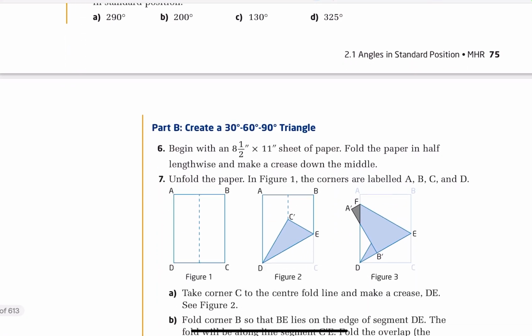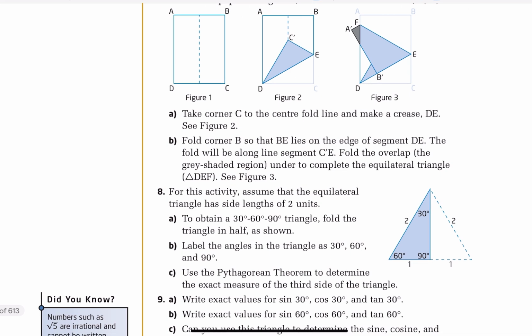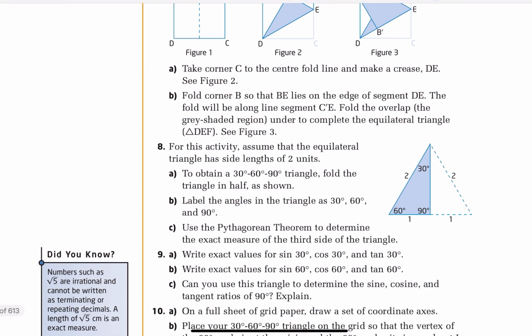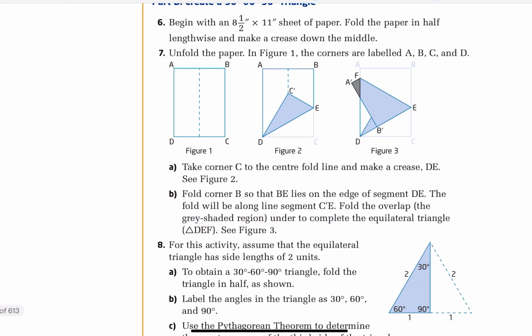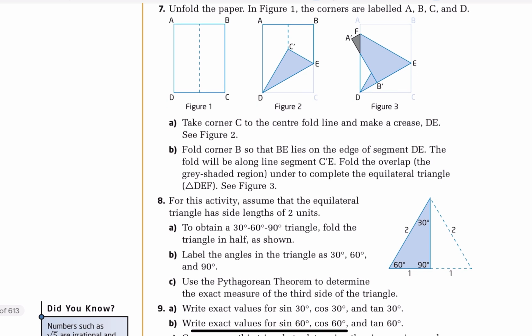Okay, now let's talk about a theorem. The sum of the angles of any triangle is 180.